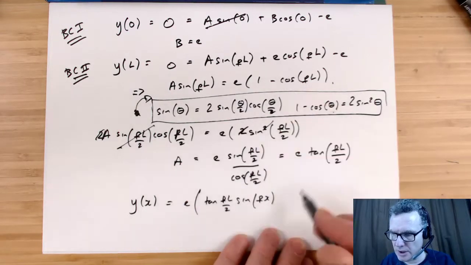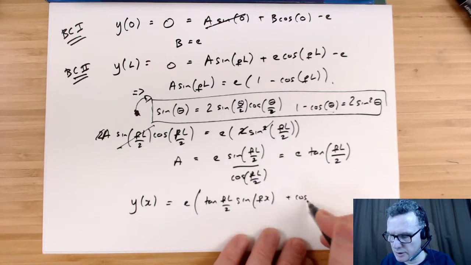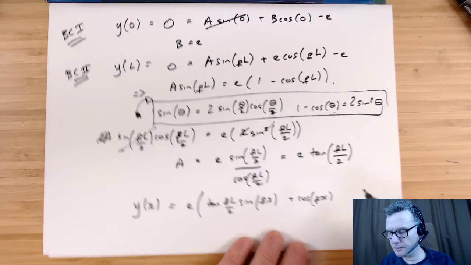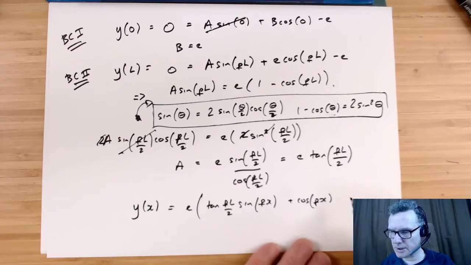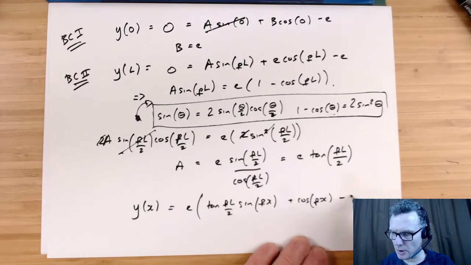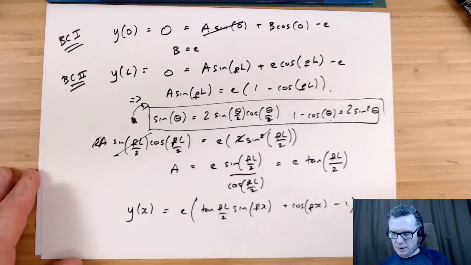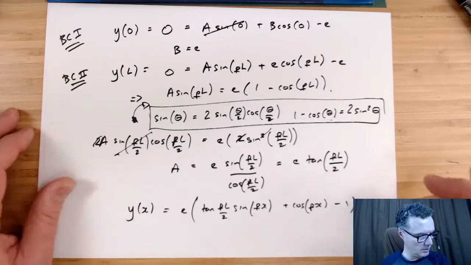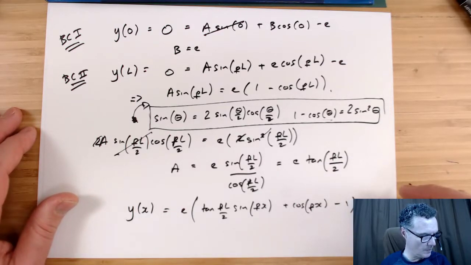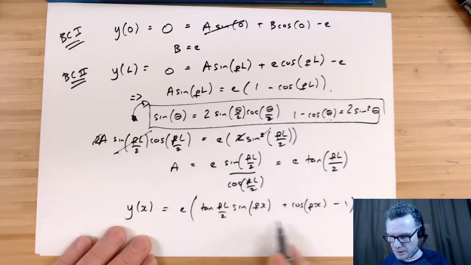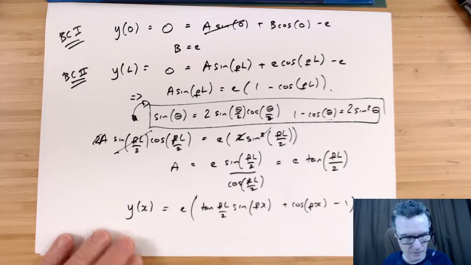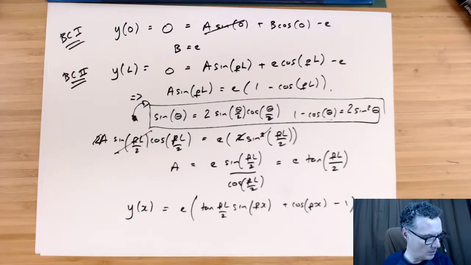B is just E times cos PX, take away 1. That's my E there. Right, so I've got that. What next? Let's tidy this up. Or can we? No, we're going to leave it there.